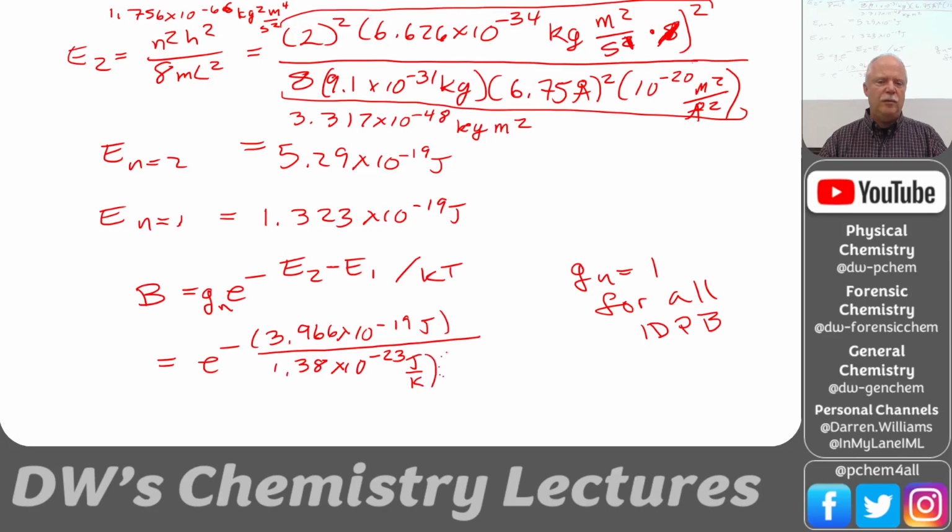And that's multiplied by temperature to get out of joules per Kelvin and just into joules. So 100,000 Kelvin. 1.38, sorry.